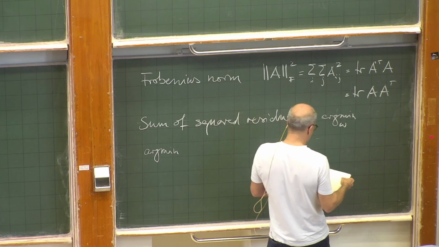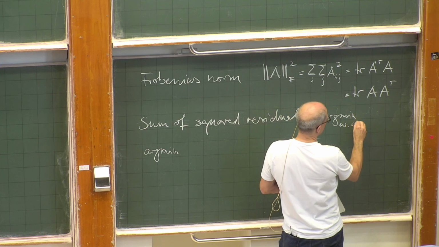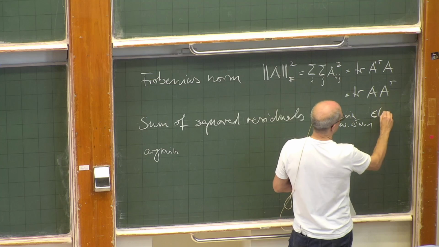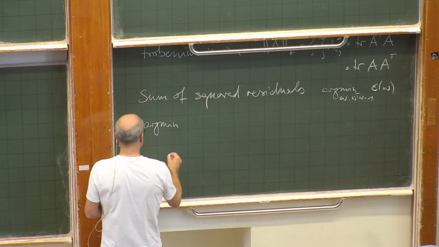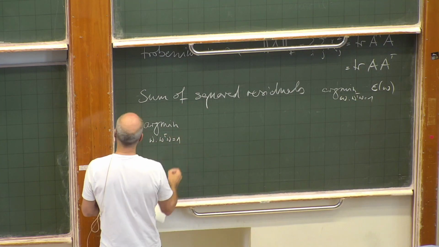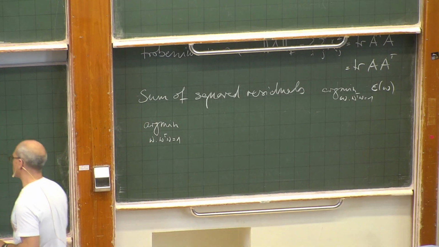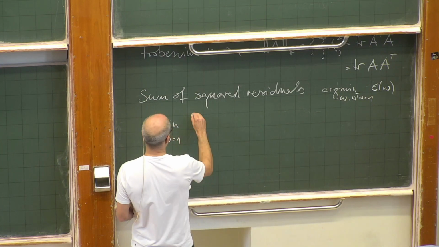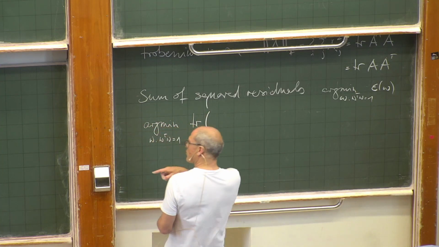So I can say, for example, I'm looking for a W, which should be normalized, of the sum of squared residuals. This was the formula, and I now use the trace to express this squared Frobenius norm. So I'm transposing what's written in there.